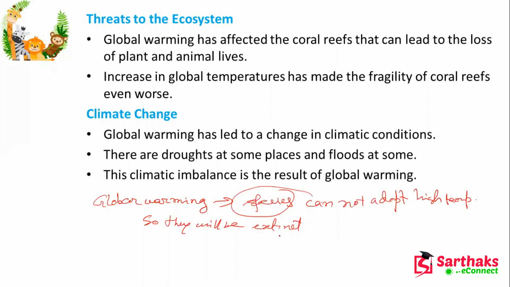So the increase in global temperature has made the fragility of the coral reefs even worse, and global warming's effect on the coral reefs can lead to the loss of plant and animal lives.